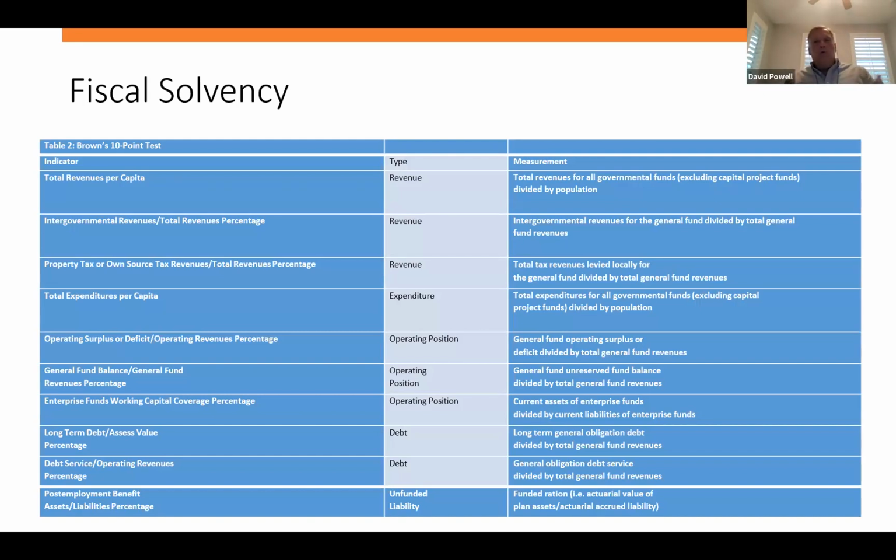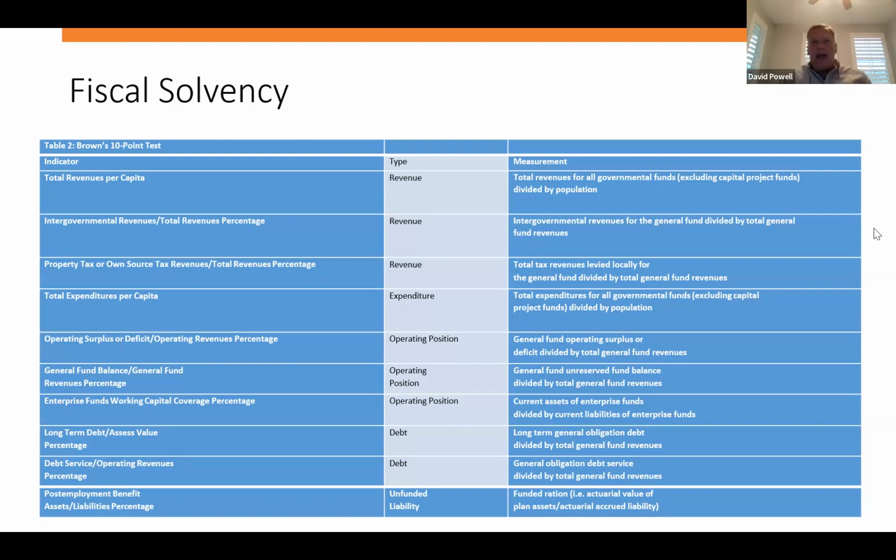But what we're really interested in here in this class for our pre and post-instruction assignment, especially our post-instructional assignment, is analyzing budgets for the purpose of assessing a city's fiscal solvency. There are multiple ways that we can assess fiscal solvency, but two of the primary ways are using Brown's 10-point test or using the fiscal solvency indicators of authors named Wang, Tu, and Dennis.